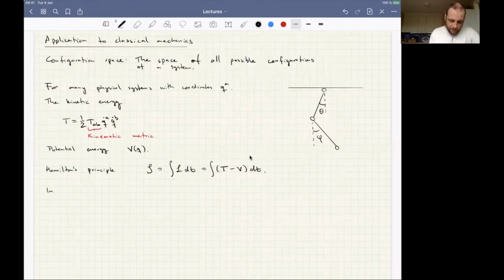So in the case of no potential, what does this action become? It's not a trick question. So if I remove that, then all I have left in the action is this kinetic term.